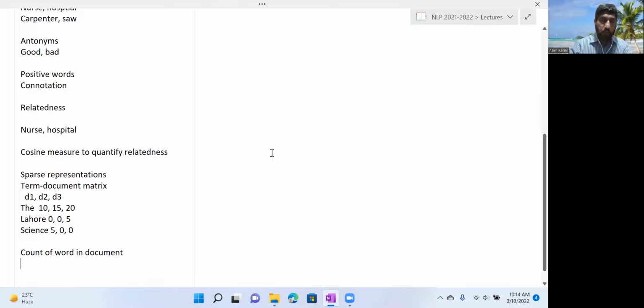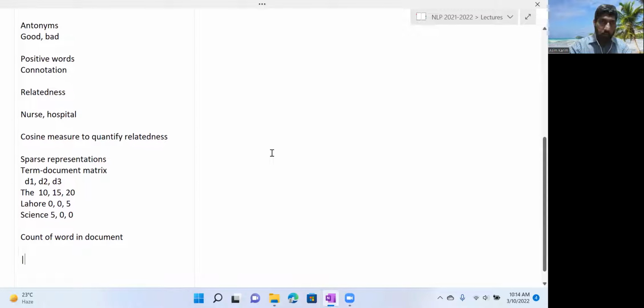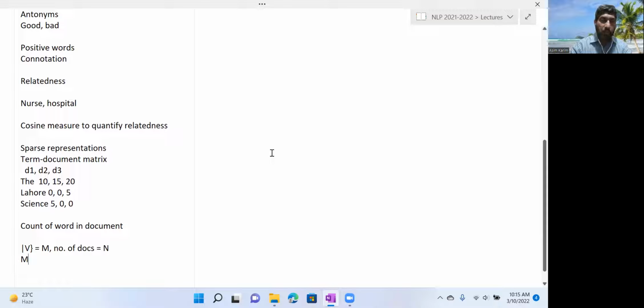So given this information, which of course you have learned from the corpus, you can represent documents as well as words as vectors. Okay, so let's say vocabulary size is M, and let's say the number of documents is equal to N. So you have essentially an M by N matrix.